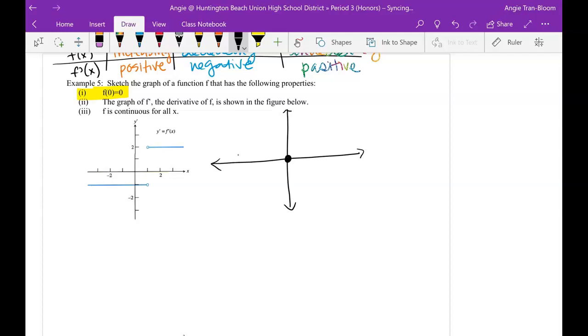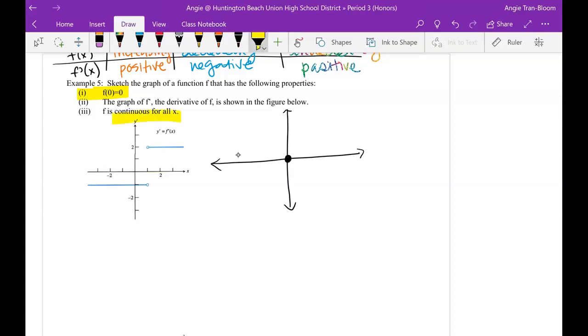Oh my. And property 3 says f is continuous for all x. That means I cannot have any holes, infinite discontinuities, or jumps, anything like that. So I'm going to use f prime to finish up the rest of my graphing.